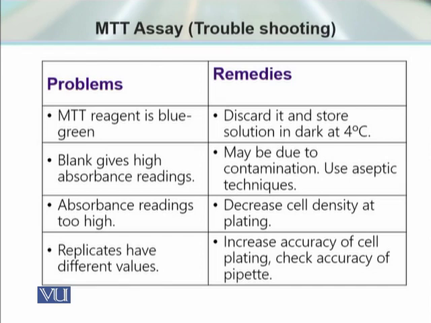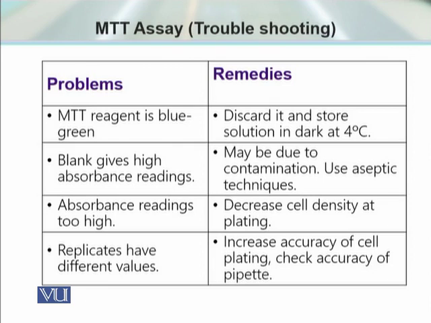That is an indication that when the cells metabolize it, it should turn towards the purple color, or change the color. Blanks sometimes give high absorbance readings. Whenever we set up some experiment, we have some negative controls or we have some blanks.